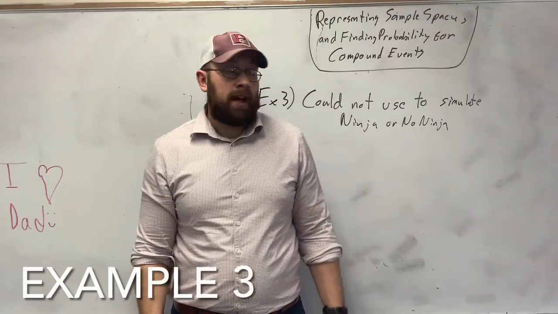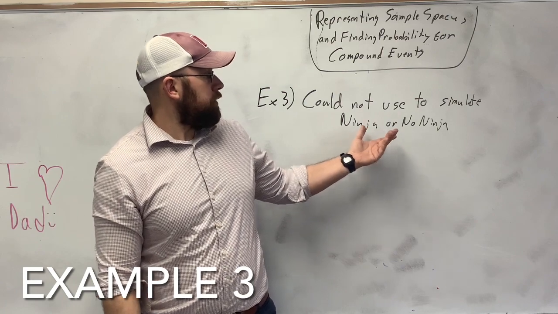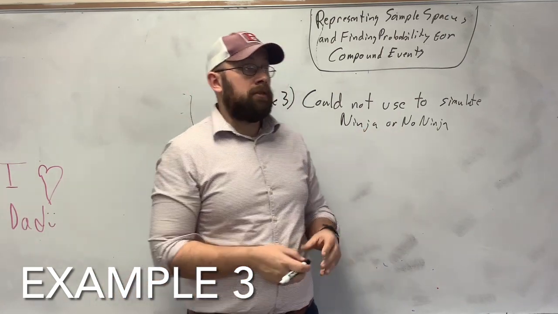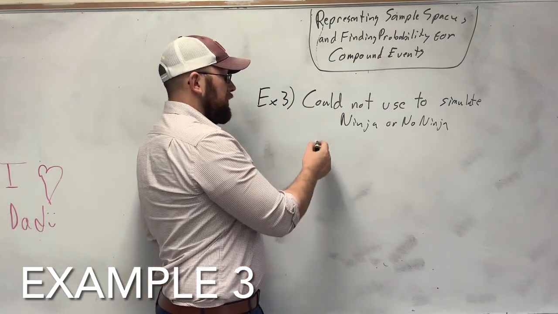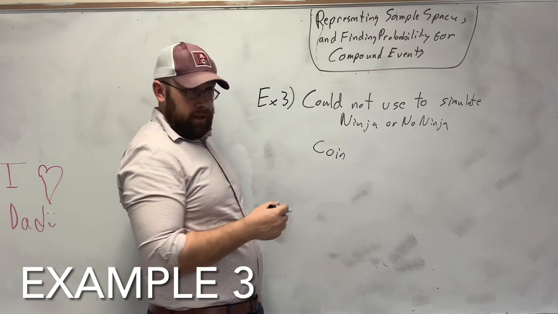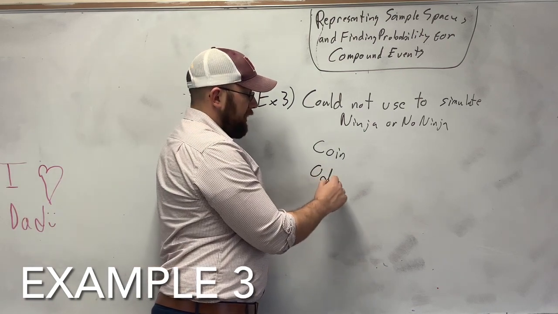All right, and here's our last one. What could we use to simulate ninja or no ninja? So it's 2 possible outcomes. What we could use is a coin. You could use odds and evens on a cube.